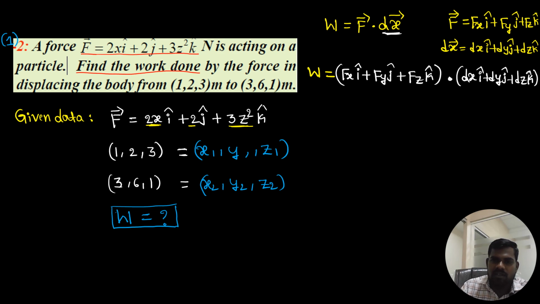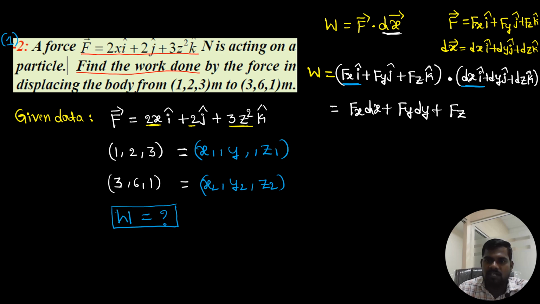Now we can see this is Fx into i cap, this is also dx into i cap. Same type of quantities we can take, because i cap dot i cap value is 1. That's why Fx dx plus Fy dy plus Fz dz.